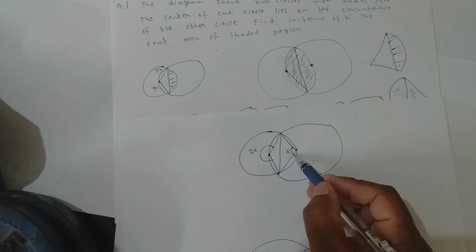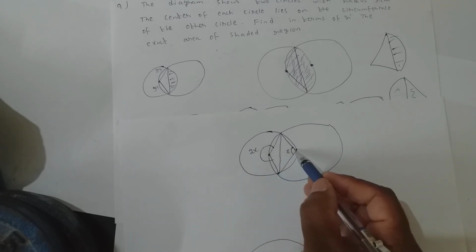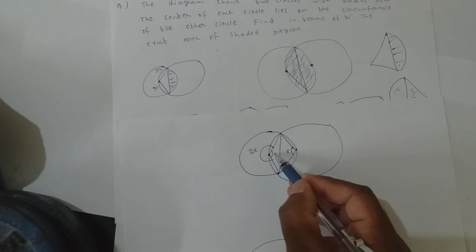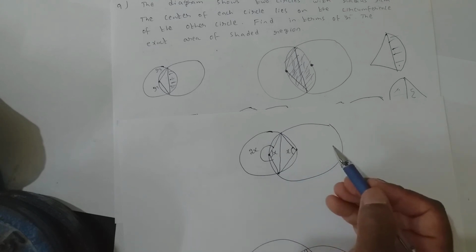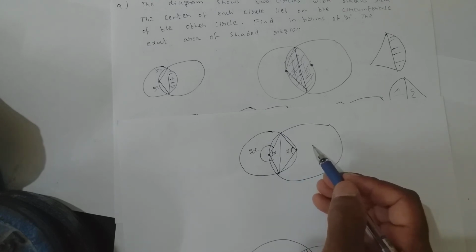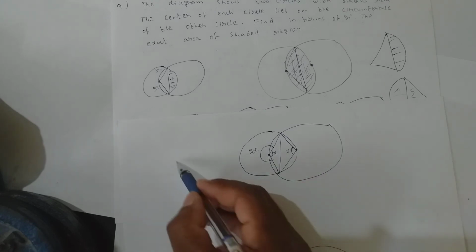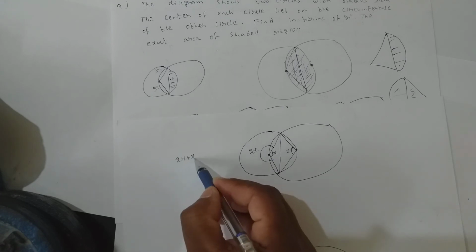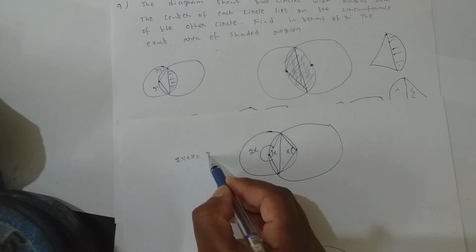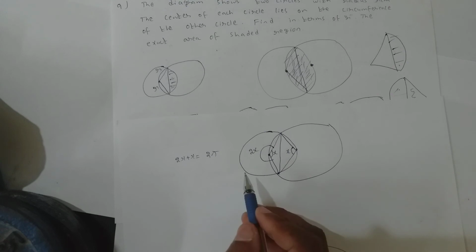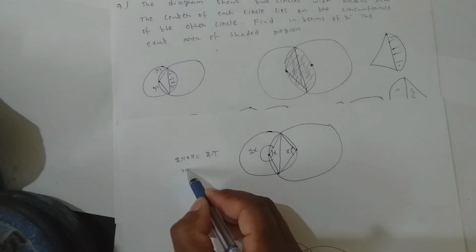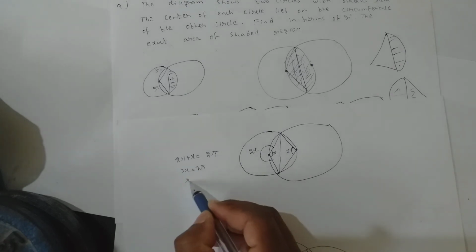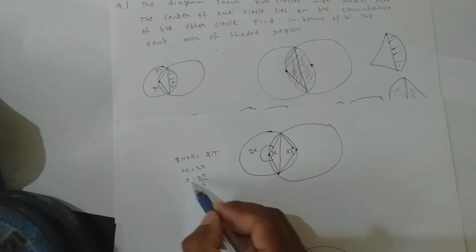So if here it is x, here also 2x. Here it is x, here also it will be x, because both the circles have the same radius. Now 2x plus x should be equal to how much? 360. In this case, I need radians, so 2 pi. So 3x equal to 2 pi, so x equal to 2 pi by 3.